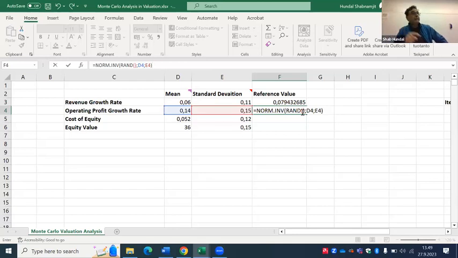I shut it down immediately. And then I pick my own range of random numbers. And you see D4 is the mean value, semicolon, E4 is the standard deviation. D4 is the return side, what you gain. And E4 is the standard deviation, which shows the fluctuation, the risk and volatility.